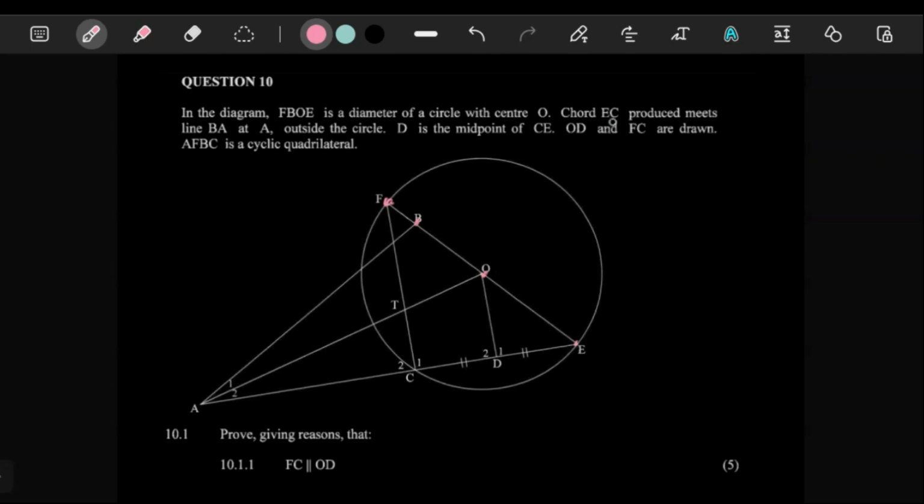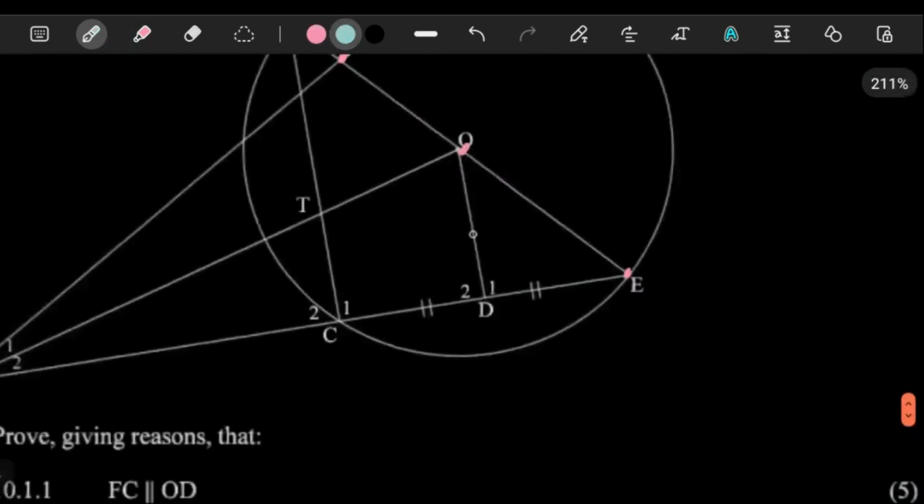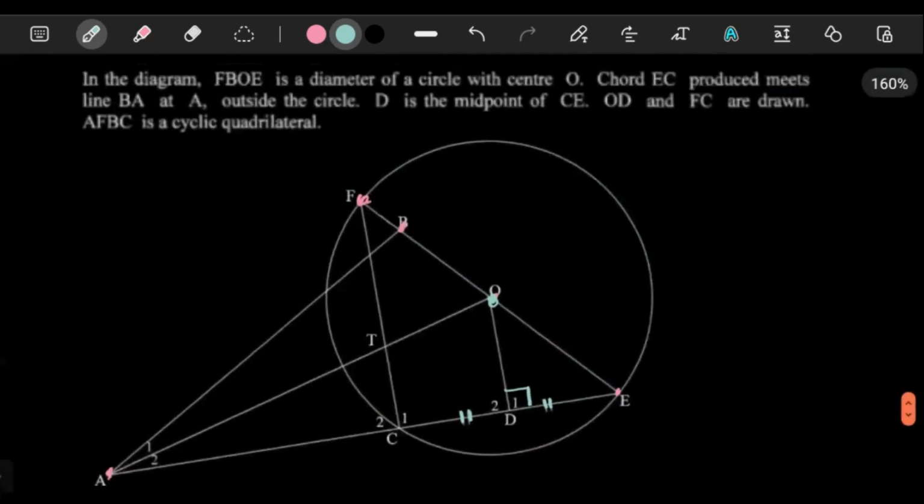And then it says chord EC produced meets line AB at A. So the key thing we should not forget is these kinds of things here. They've told us that these are equal. So automatically this is a 90-degree angle, because a line from the center, if it cuts a chord in half, it means it cuts the chord at an angle of 90 degrees.